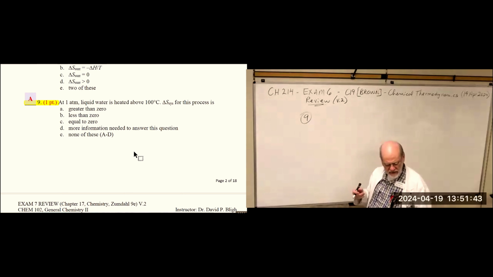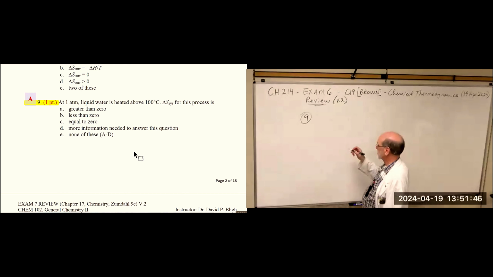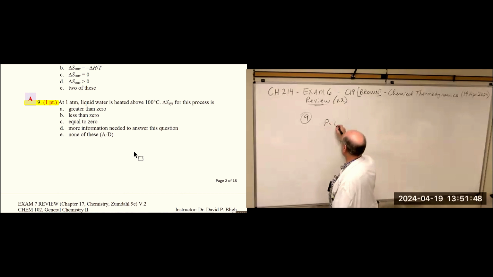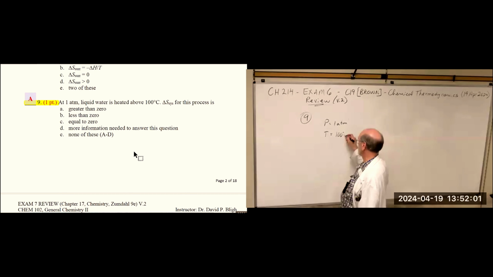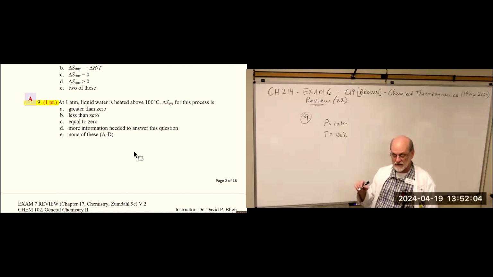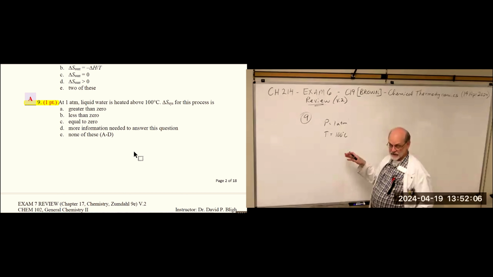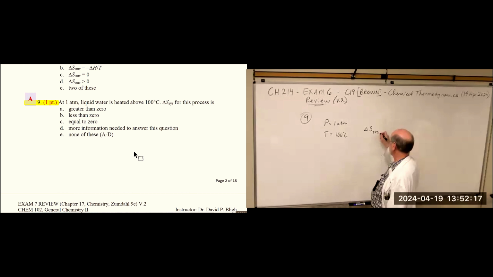At 1 atmosphere, liquid water is heated above 100 degrees. So if the pressure is equal to 1 atmosphere and the temperature, what would be the result in terms of thermodynamics if the temperature were at 100 degrees? Right? The water would be boiling, we'd be at equilibrium. And the total change in entropy at this point would be zero.